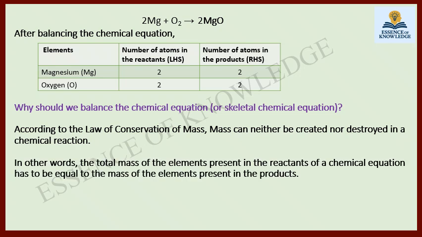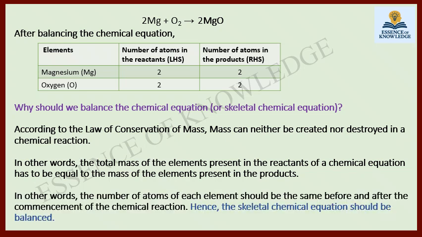In other words, the total mass of the elements present in the reactants of a chemical equation has to be equal to the mass of the elements present in the products. In other words, the number of atoms of each element should be the same before and after the commencement of the chemical reaction. Hence, the skeletal chemical equation should always be balanced.